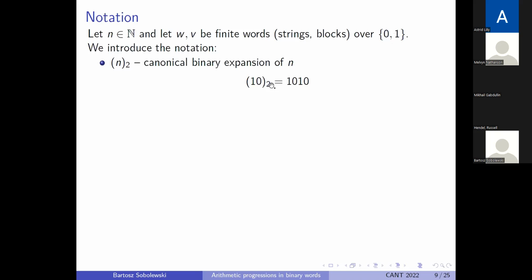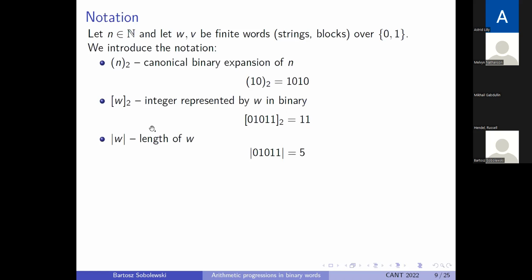So if I take n equal to 10 written in decimal, then the expansion is 1010 in binary. And conversely, if we have some binary word w, then by this word in brackets and with subscript 2, we mean the integer represented by this word in binary. And here, the difference is that we allow leading zeros. So, for example, 01011 in binary represents 11 in decimal.